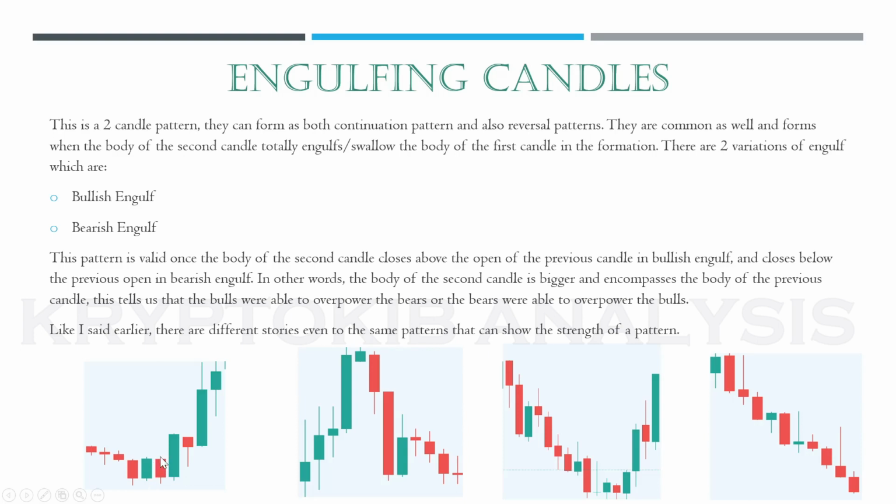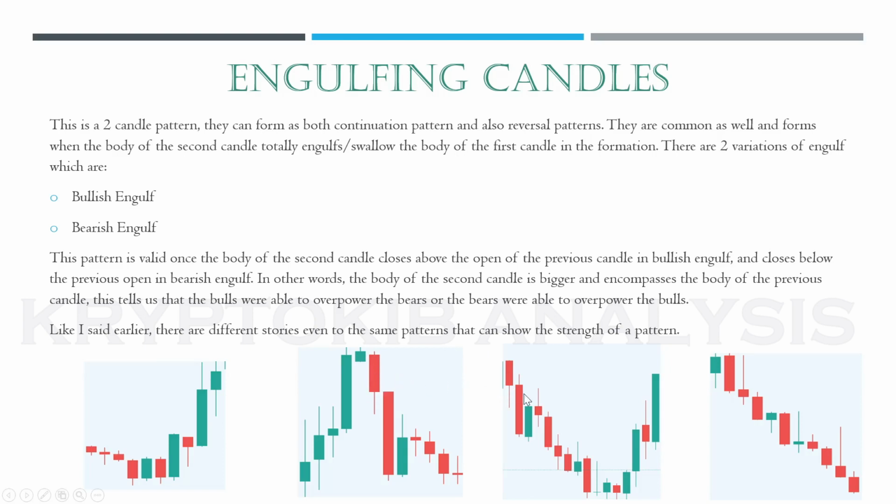So here we have a bullish engulf, where we notice the body of this reddish candle is totally consumed by the body of this green candle. Also, we have a bullish engulf after, and then another bullish engulf, where the body of this red candle is totally consumed by the body of this green candle. Here we have a bearish engulf, where the body of the green candle is totally engulfed by the body of this red candle.